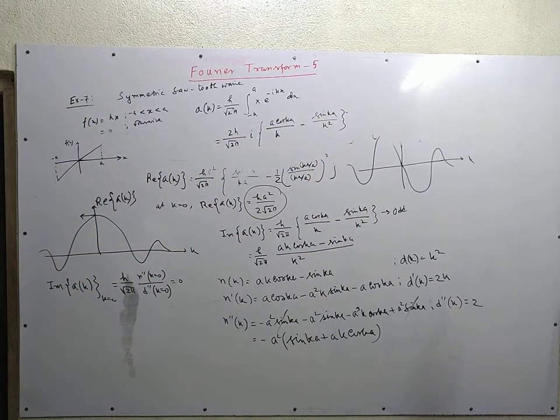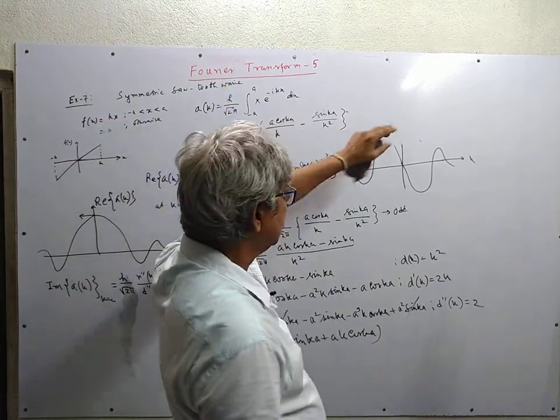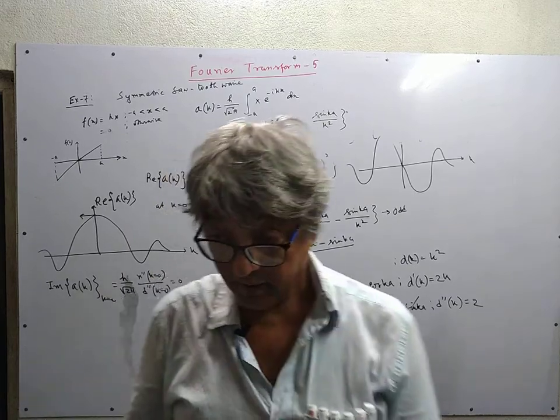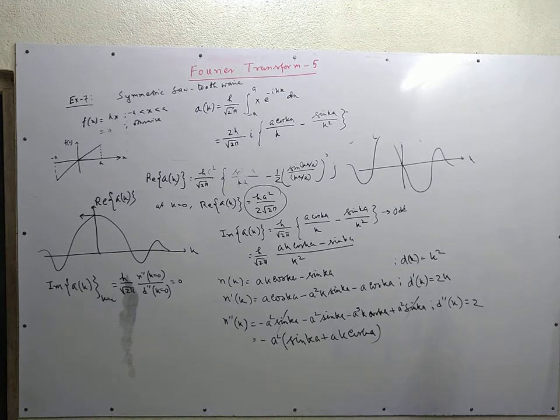So the graph will be of this type, only there is a scaling factor. This is the symmetric sawtooth wave. So we see that the Fourier transform of symmetric and asymmetric functions differs a lot among themselves.